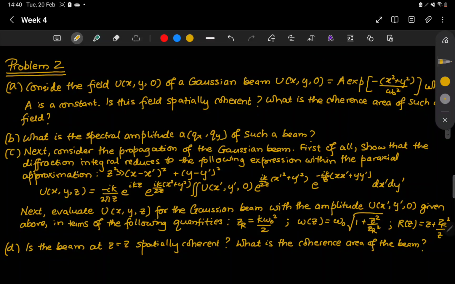Again, take a few minutes to read the question again, to look at the diffraction integral and try to understand how we can proceed in this question.